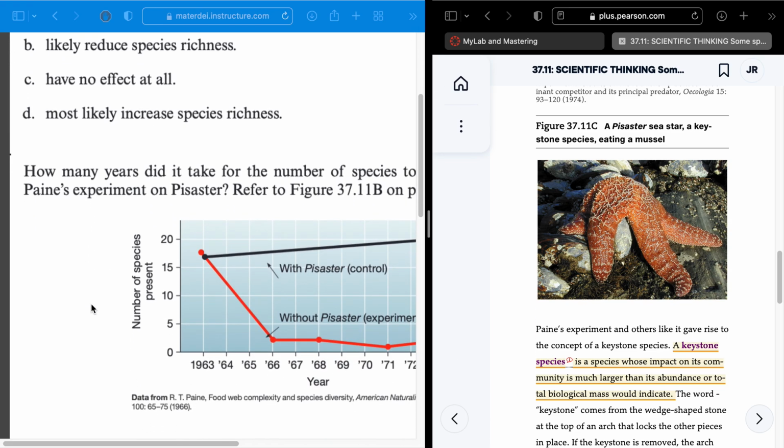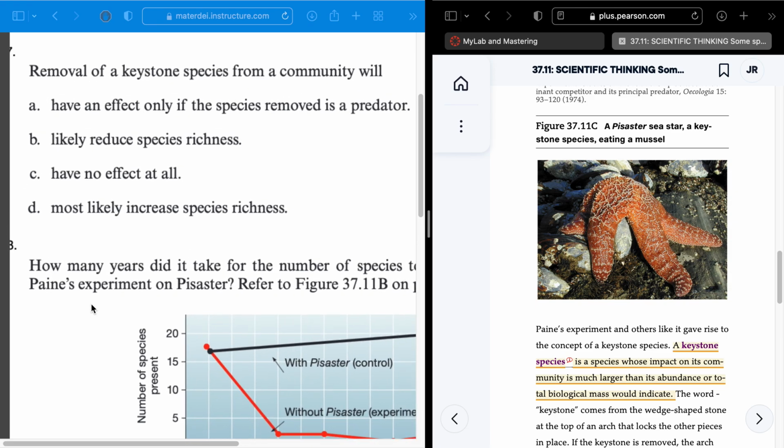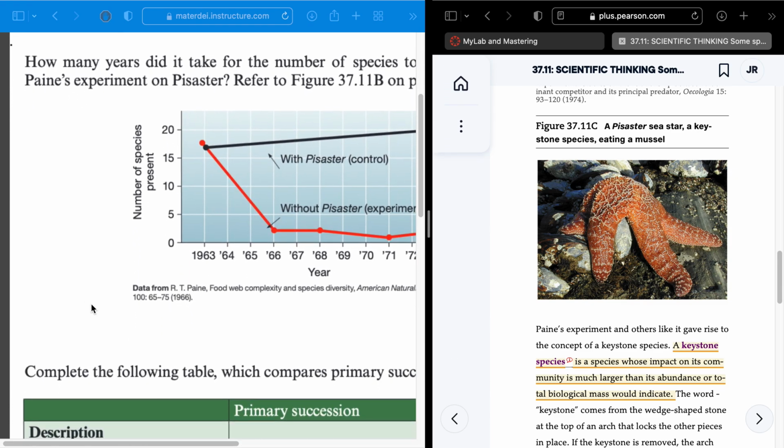So we just showed in this chart right here that if you take the keystone species out, boom, your number of species present, the species richness, goes down. So that's the answer right there. It was letter B.